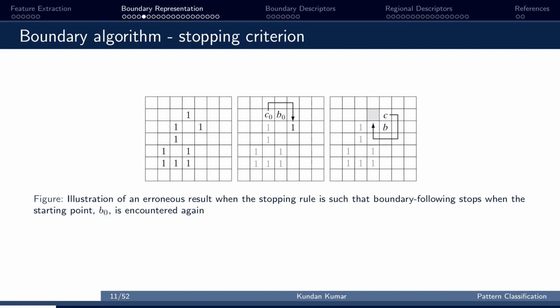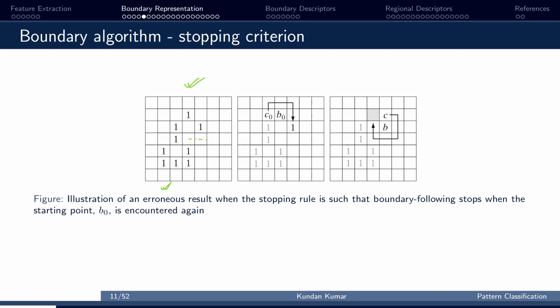So in this algorithm, there is a problem: if we don't have a closed boundary, like in this case, this is the boundary, but this is not a closed one because this is open here.